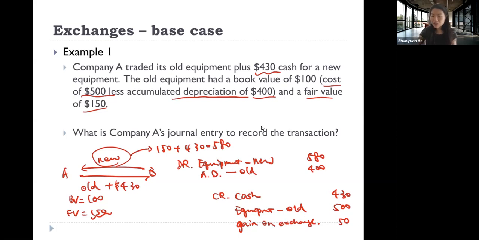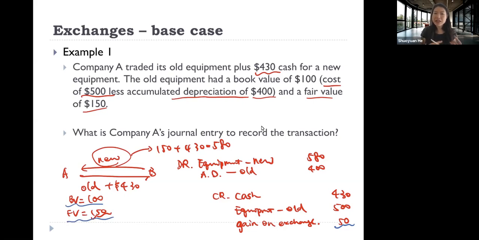If you take a closer look at this 50, it is not only to balance this general entry; you can also view it another way. Normally when a PP&E has an appreciation in value, meaning the fair value is more than the book value, we don't do anything.